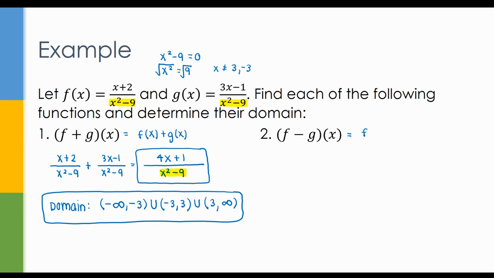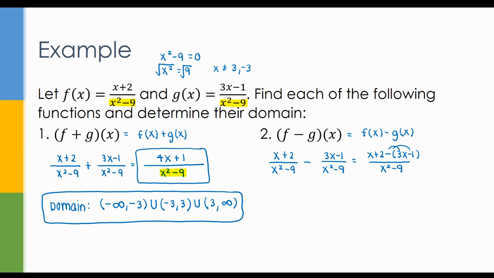Same idea when I am subtracting. The nice thing is that we have the same denominator. So we want x plus 2 over x squared minus 9 minus 3x minus 1 over x squared minus 9. We'll keep our denominator the same. But when we are doing subtraction, make sure that we understand that I am subtracting the whole entire second numerator.